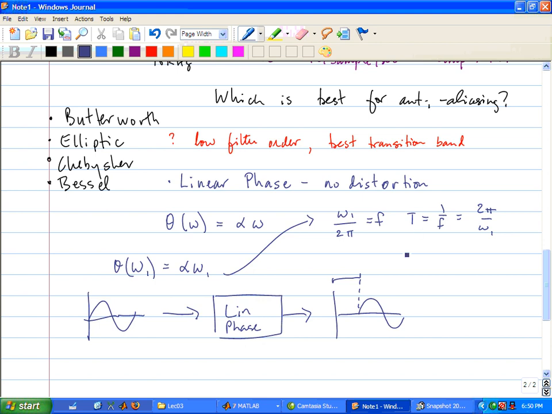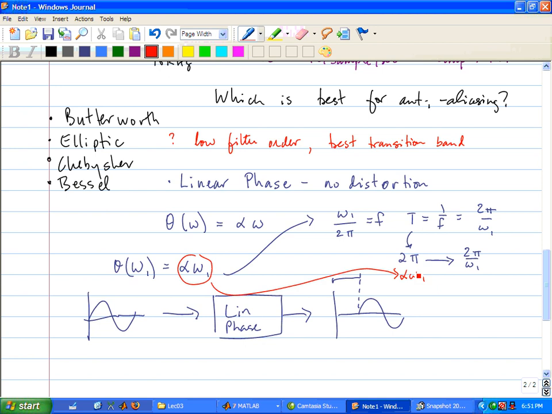Now, one period corresponds to 2 pi radians, so 2 pi radians corresponds to a time of 2 pi over omega 1. But I don't have 2 pi radians now. I have alpha times omega 1 radians; my linear phase tells me that's my phase shift. So we'll do a little cross multiply.